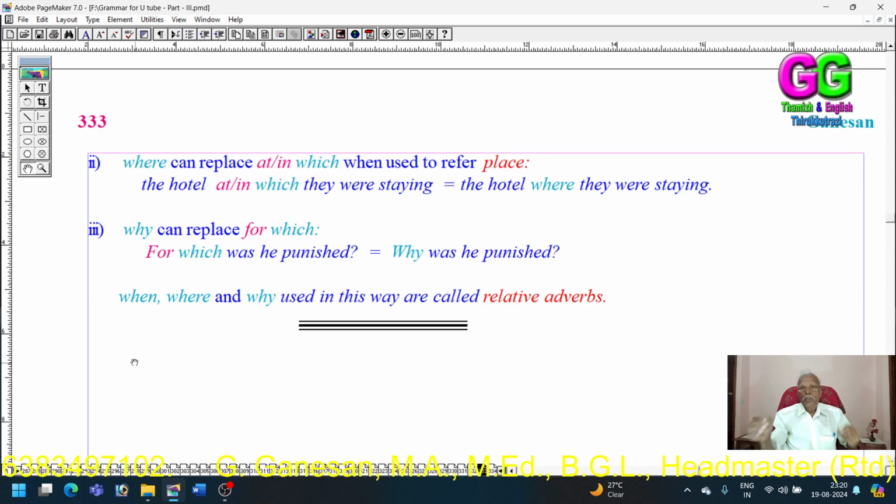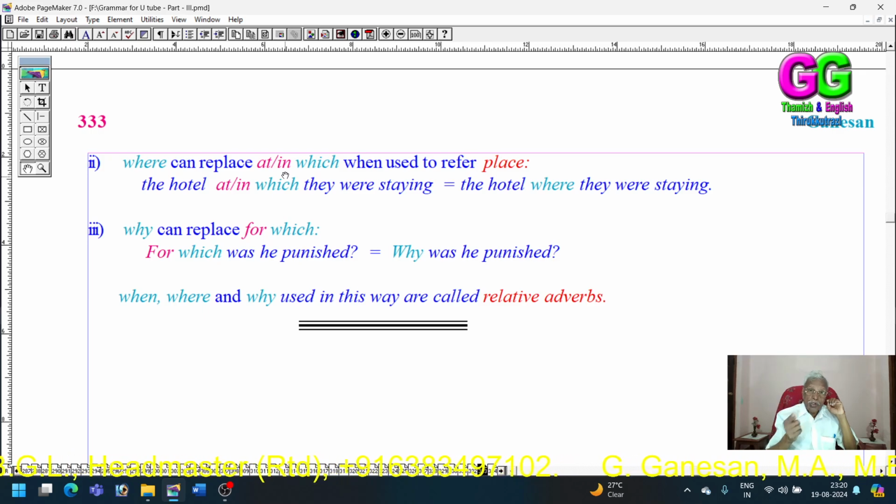Then, the phrase at which or in which is used to refer to place. That at which or in which can be replaced by where.